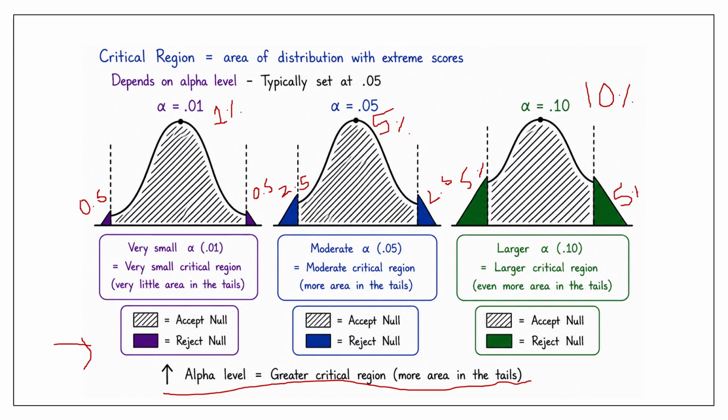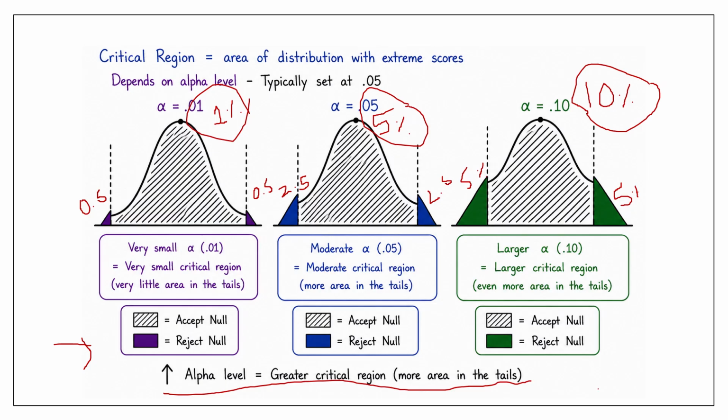Right now, we're seeing these distributions and the split of the extreme scores across both tails, which would indicate a two-tail hypothesis. But if you had a one-tail hypothesis, these percentages here would all be located on the one tail that you decided the effect was on.